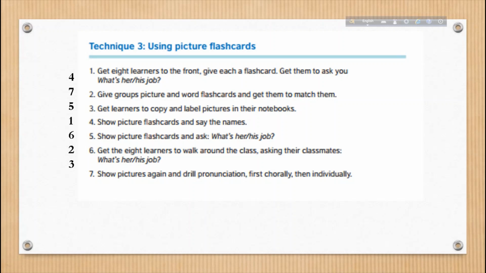At first it will be 4, then 7, show the picture again and drill pronunciation, first orally and then individually. In this way, then 5, 1, 6, 2 and 3. This is technique 3. We take it from our TMT book.